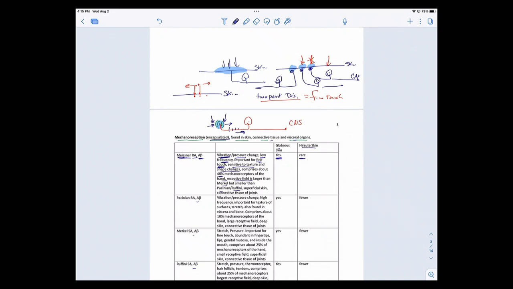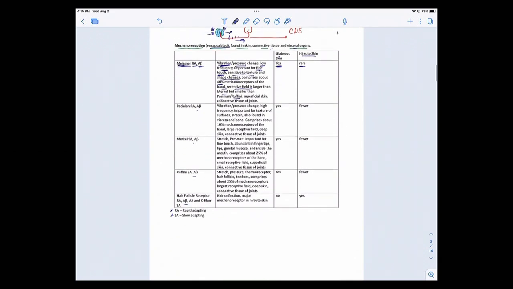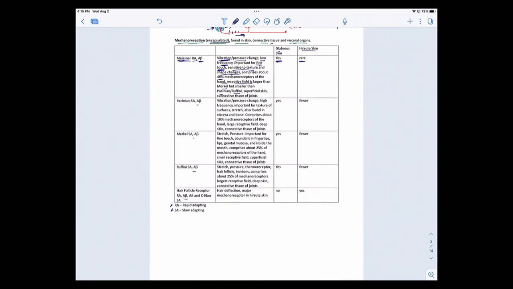No, I'm being touched here. I can touch you anywhere in that receptor field, and you're not going to be quite as good at figuring out exactly where you're being touched because of the larger receptive field. So that's what I mean by the Meissners having a receptive field that's a little larger than Merkel's but smaller than the Pacinians and the Ruffinis.